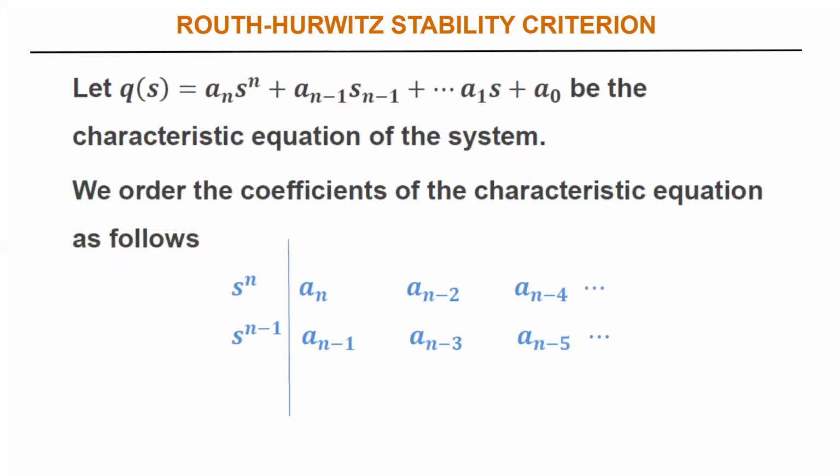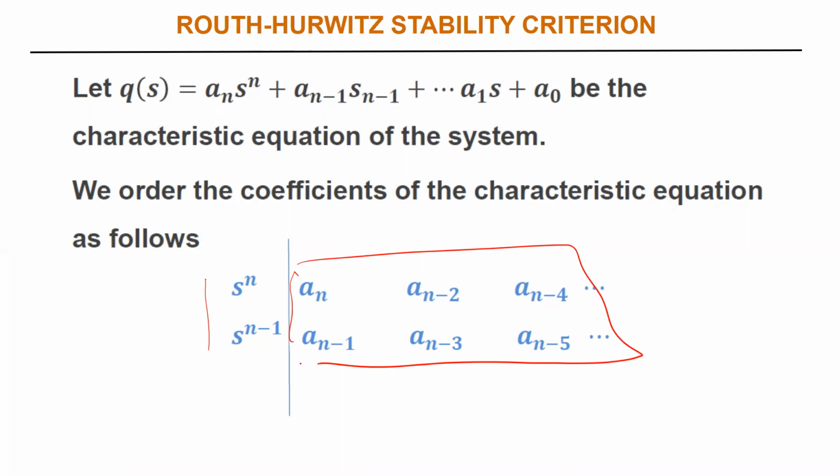The coefficient of s^n is going to be a_n, then I skip one, go to the next, and then skip. Maybe you have, say, a third-order polynomial, so it's not necessarily even. So you start with the first, a_n, then you skip one, skip another one. The ones which you skipped in the first step, you put in the second row. You form the first two rows of the matrix.